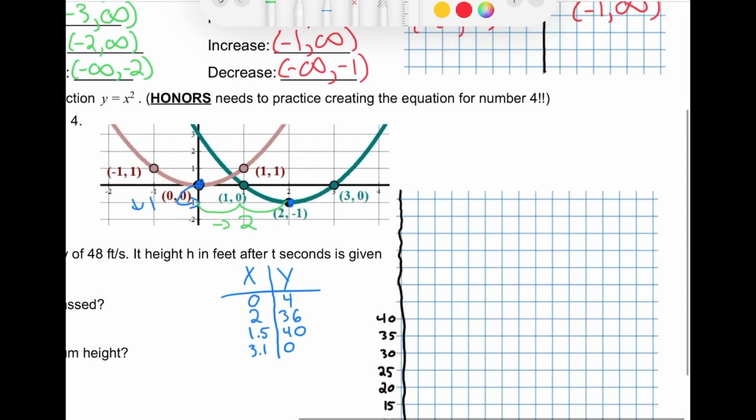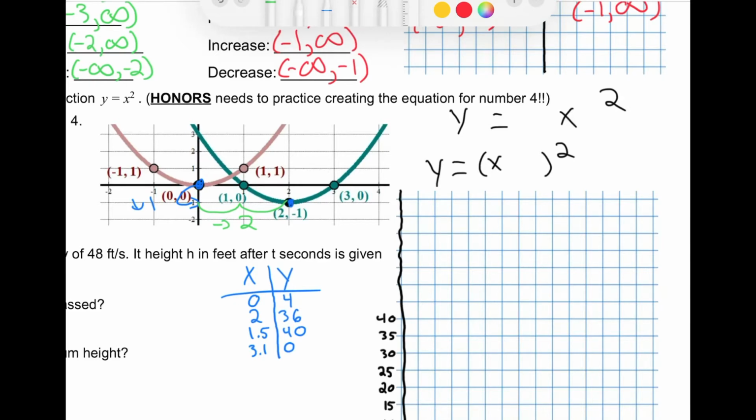So we're going to take our parent function. We're going to keep y equals. Inside of the parentheses affects the x's. So which one, the down 1 or the right 2, affects the x's? The right 2. On the inside, are we obedient or disobedient? Disobedient.